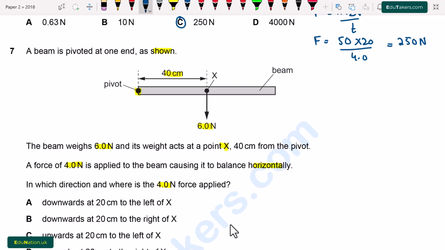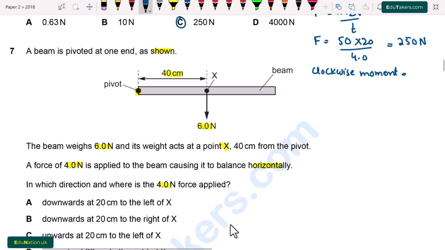So first of all, to balance this beam, the clockwise moment must be equal to the anti-clockwise moment. I calculate the clockwise moment first.